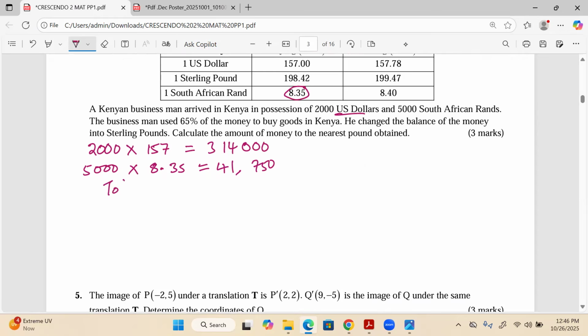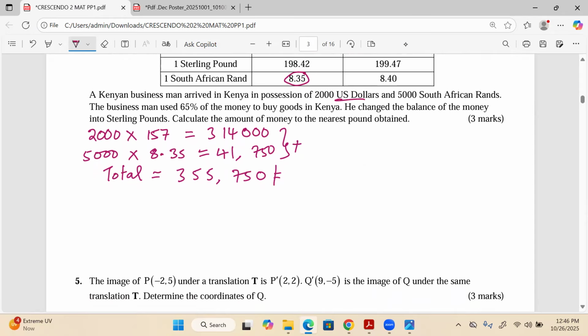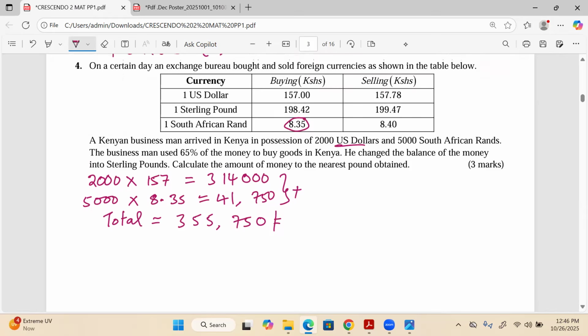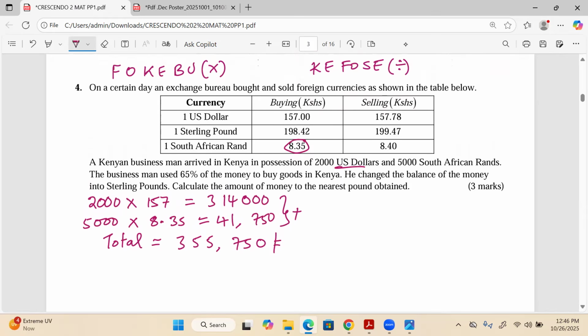So the total that he has in Kenya is when we add the two: 314,000 plus 41,750, so we have 355,750. That is the total amount in Kenya shillings the businessman has while in Kenya.